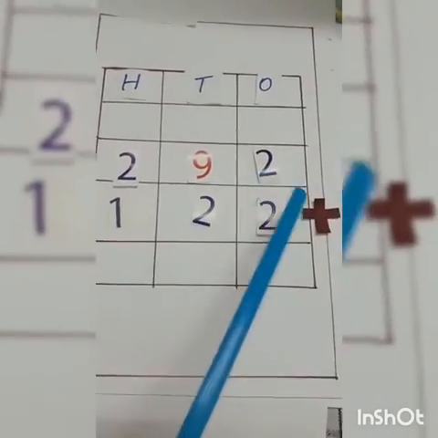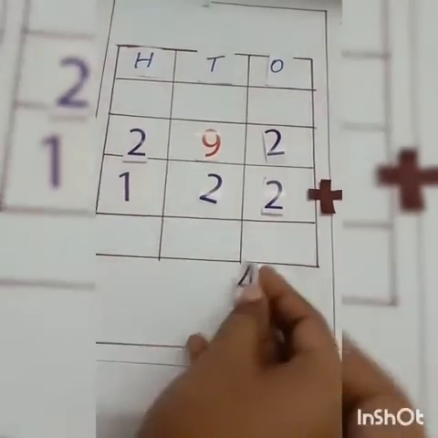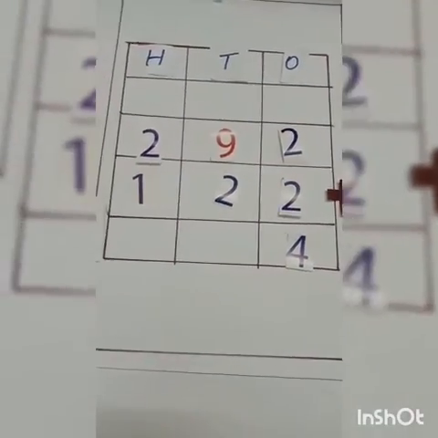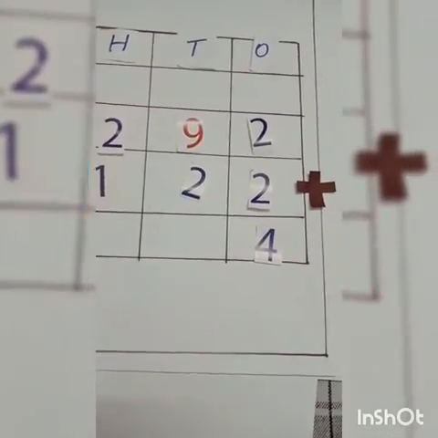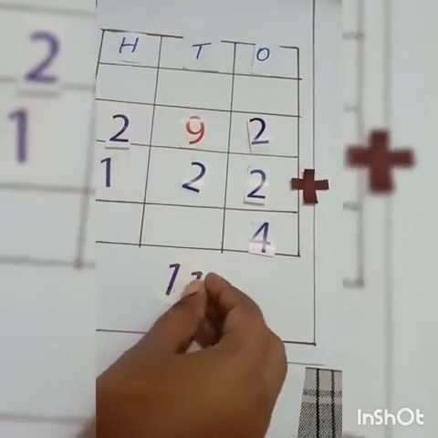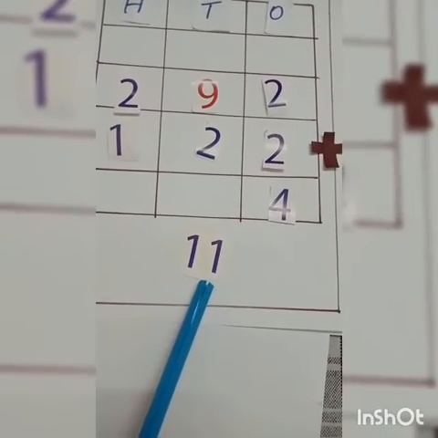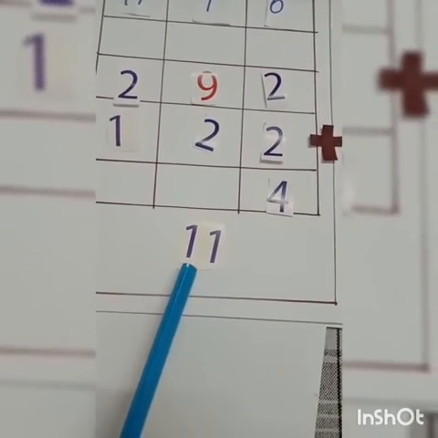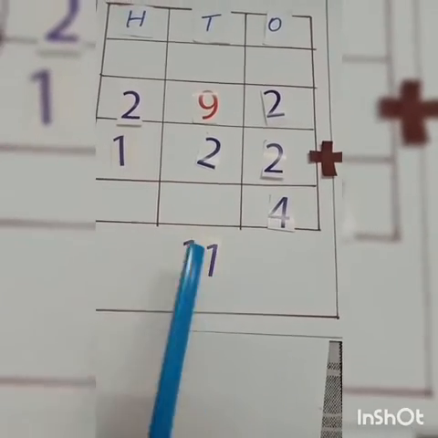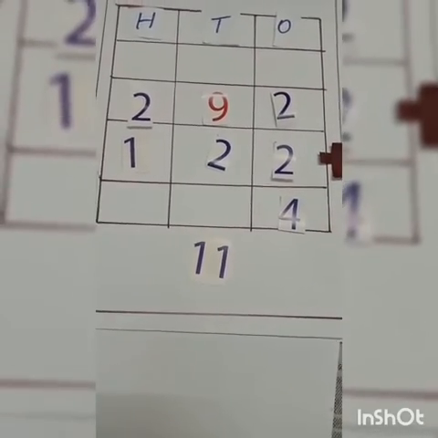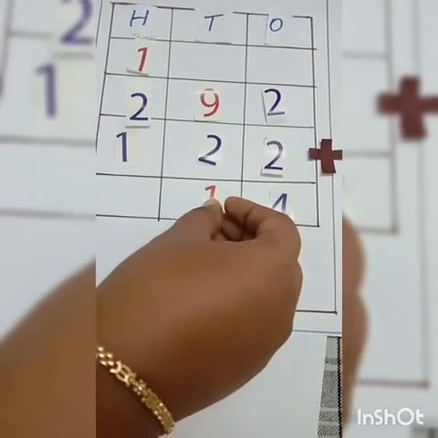Add the digits in ones column, that is 2 plus 2 is equal to 4. Step 3. Add the digits in tens column, that is 9 plus 2 is equal to 11. Regroup 11 tens, that is 11 tens is equal to 100 and 10. Carry 100 to hundreds column and write 10 in tens column.